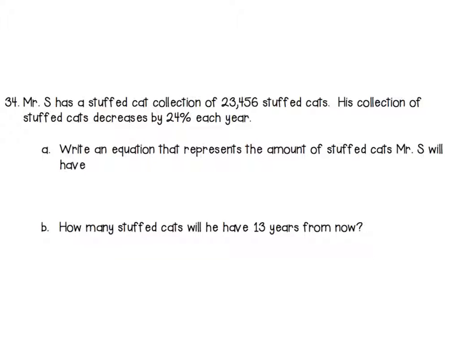Problem 34 reads, Mr. S has a stuffed cat collection of 23,456 stuffed cats. His collection of stuffed cats decreases by 24% each year. So this is going to be an exponential decay, and we have our formula for that from our notes. So writing an equation that represents this amount would be y equals our initial amount again, 23,456, times 1 minus.